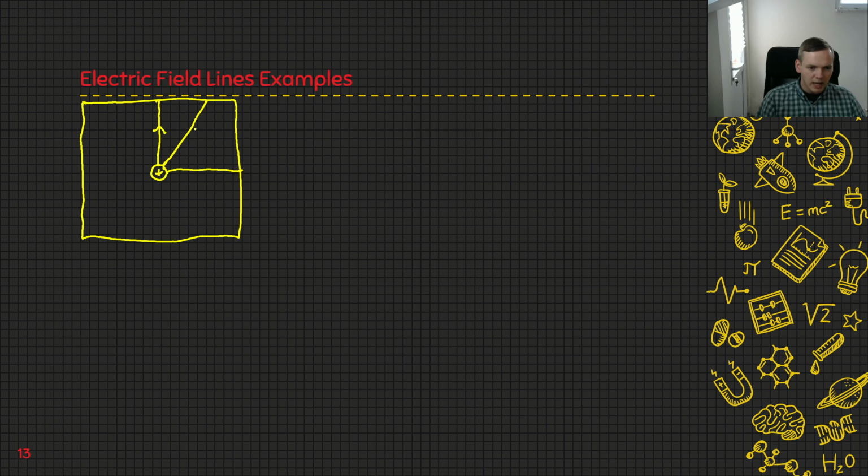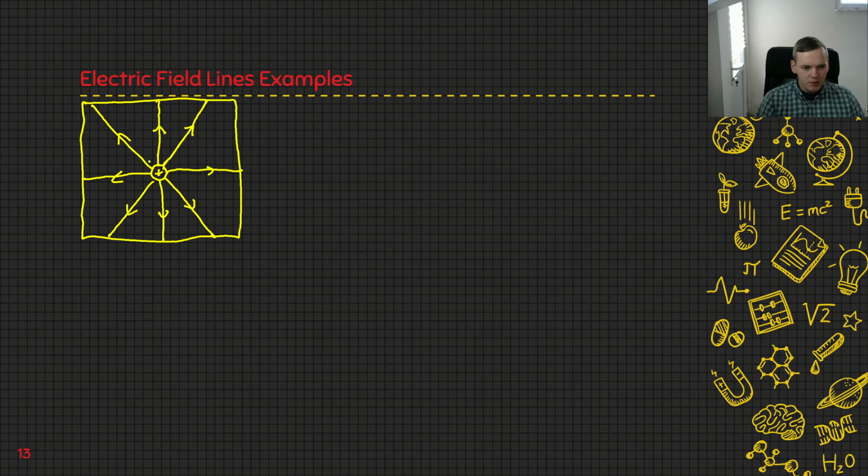Now I'm going to start adding arrows to show the direction of these lines. It gets pushed like that, pushed like that, and what I end up getting is that it's always pushed away in straight lines away from the center, because that's what a positive charge would feel a force on.